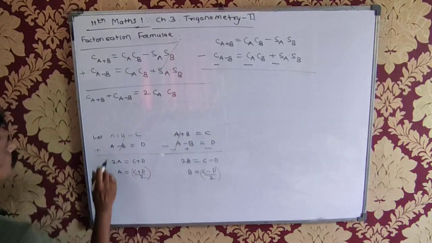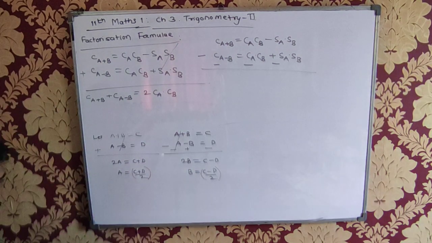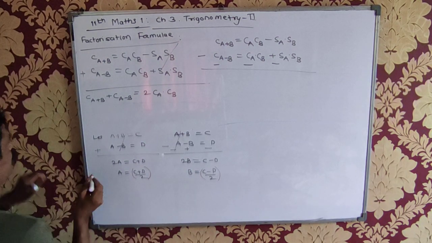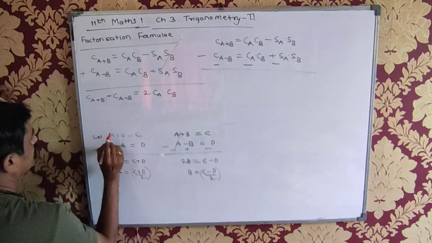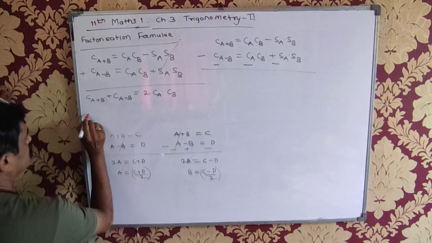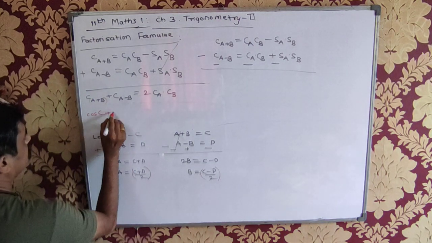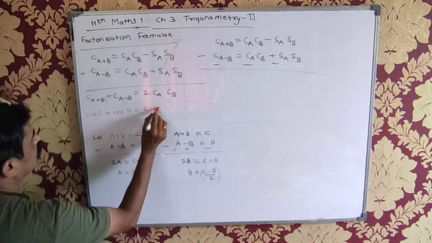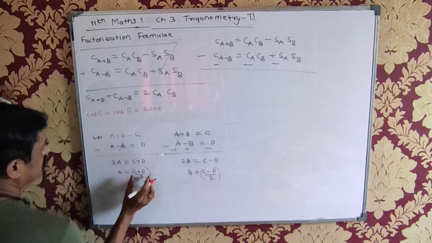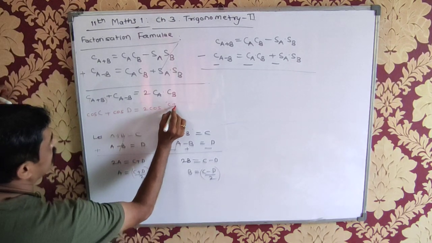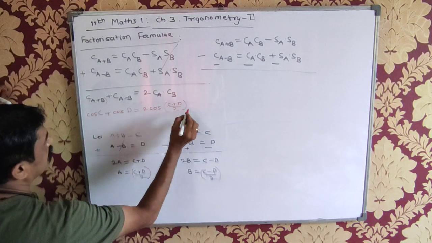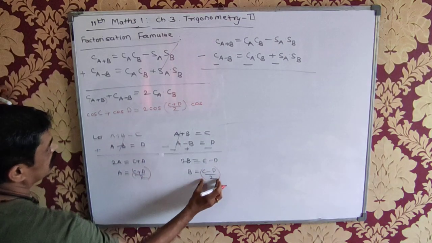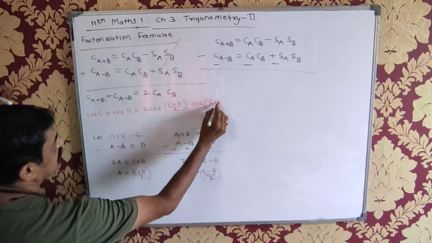Now substitute and tell me what will it become. Cos C plus cos D is equal to 2 cos C plus D by 2 into cos C minus D by 2. Correct.